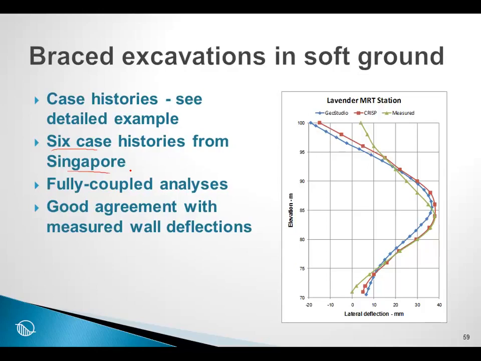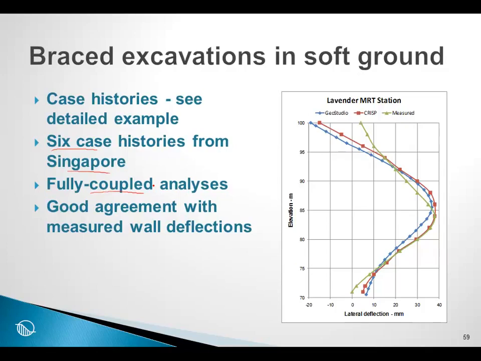So all of these simulations have been done with a fully coupled analysis where we consider both the stress changes and the pore water pressure changes, and we have compared these with actual measurements at these sites and compared it with another analysis done by a software called CRISP.